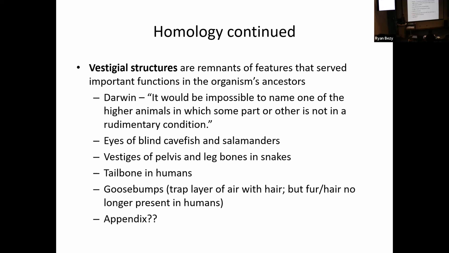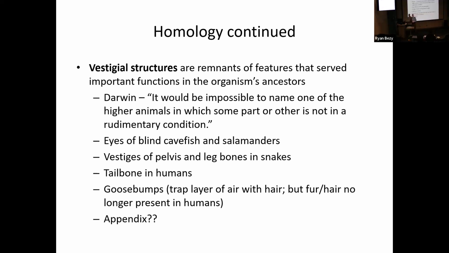Goosebumps is a vestigial response. Anybody ever get goosebumps? You get the bumps on your skin and then your hair stands up. Well, that's a leftover response from our ancestors. Our ancestors had more fur, more hair across their body. And when they were cold, they would get goosebumps and cause their hair to stick up.